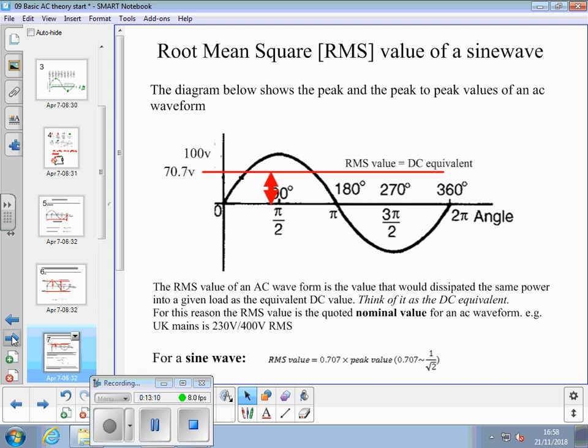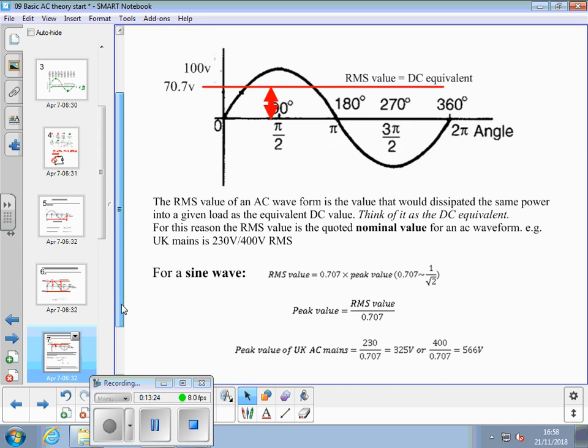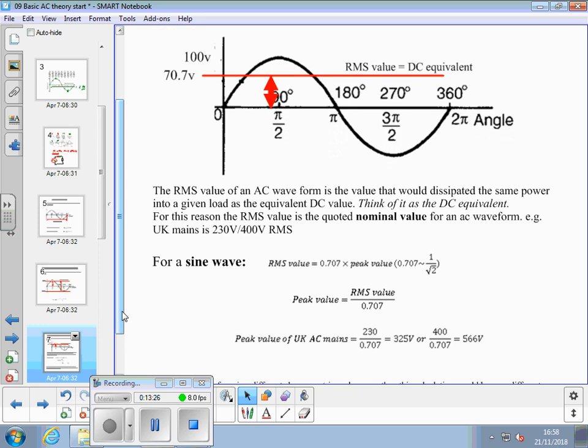It isn't the exact average. It's a special root of the mean square. Okay, but that's what it does. And this is only for the sine wave function. If we were talking about a square wave or triangular, the maths would be completely different. We're only interested in sine wave.